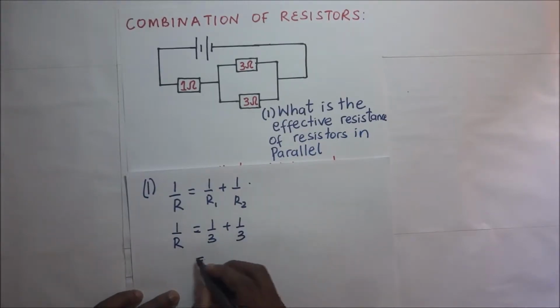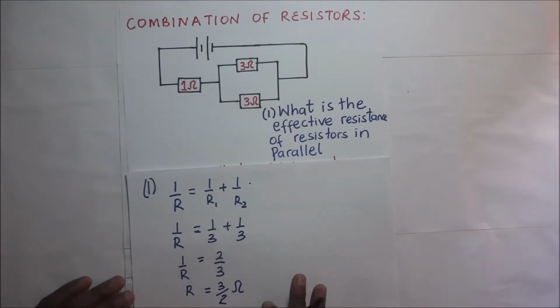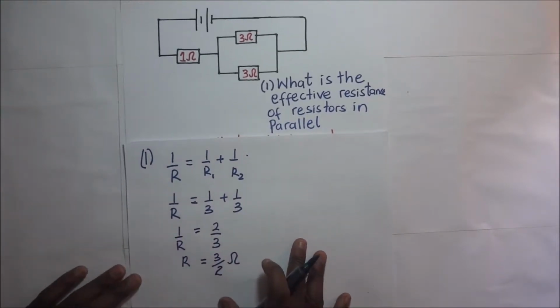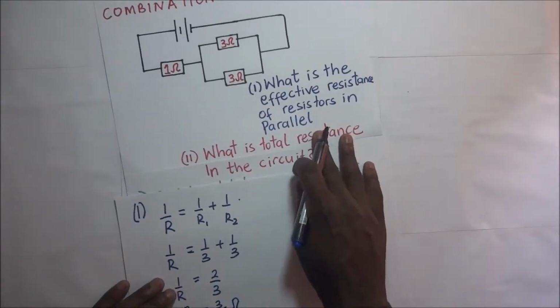So we end up with 1 over R giving 2 over 3. When we make R the subject of the formula, we get R as 3 over 2 ohms. So the effective resistance of the resistors in parallel is 3 over 2 ohms.